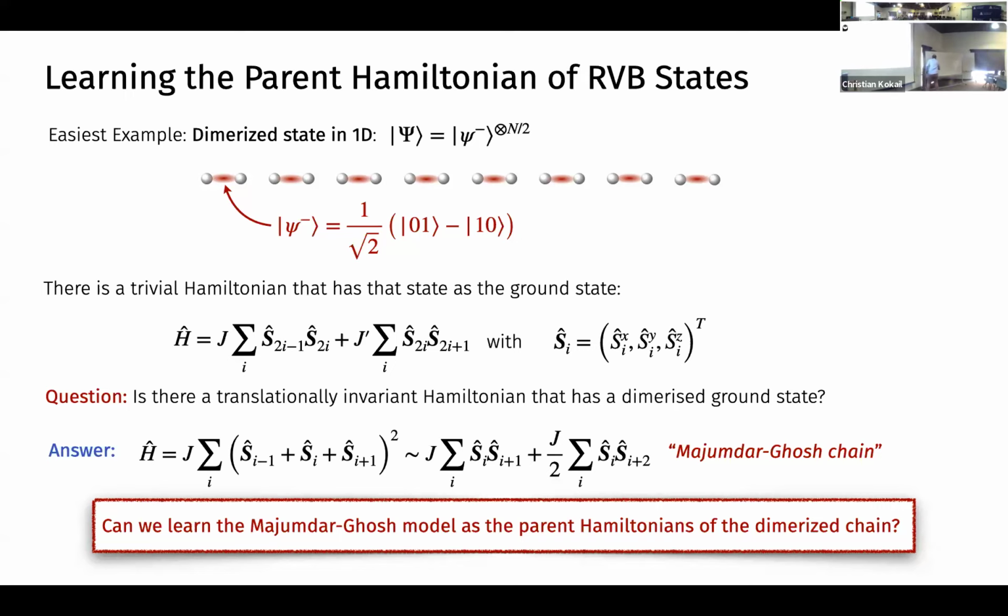You can have it either here or you can have it here. Si Si+1 squared, let me write it out.